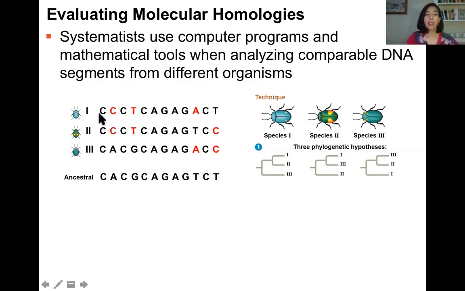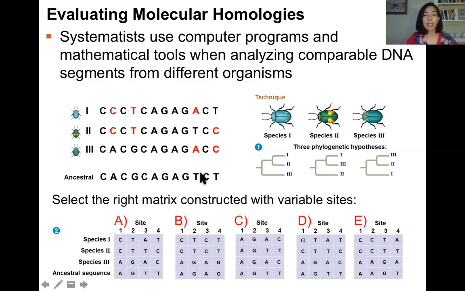So we have sequenced these 3 species for this particular gene. And now what we need to make is a matrix. We're going to make a matrix with the variable sites, the variable positions, and I'm going to help you a little bit.